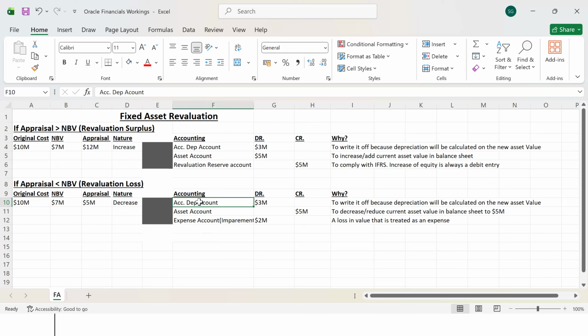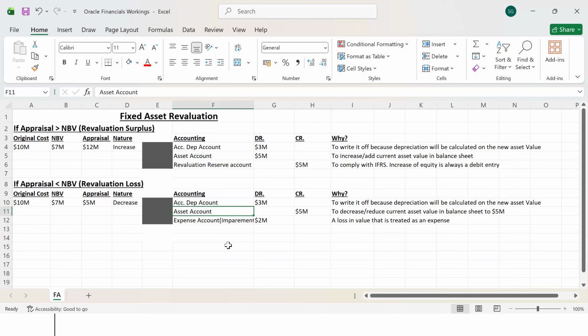The accounting entry will be a debit of the accumulated depreciation amount, which is written off because depreciation will be calculated on the new asset value.